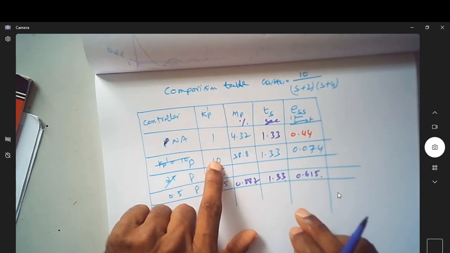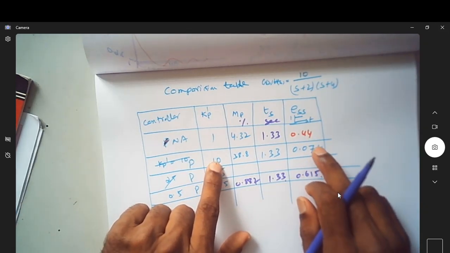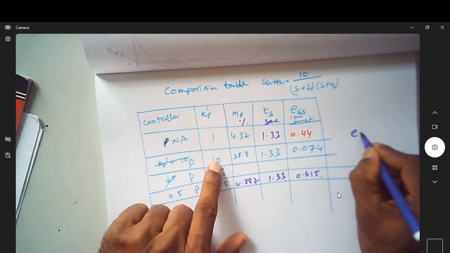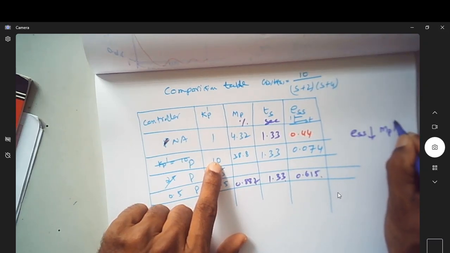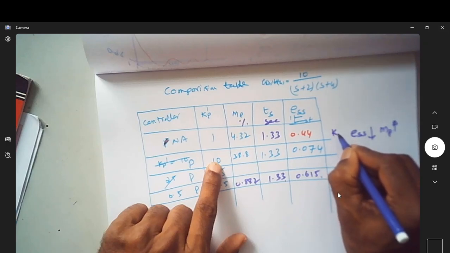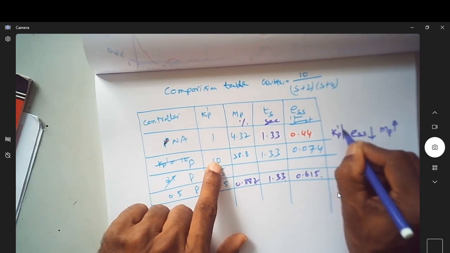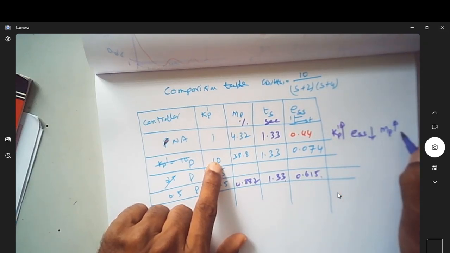If it is more than 1, you can see ESS reduces. So ESS reduces, but MP will increase if I increase the value of Kp dash. How about TS? TS almost remains constant.